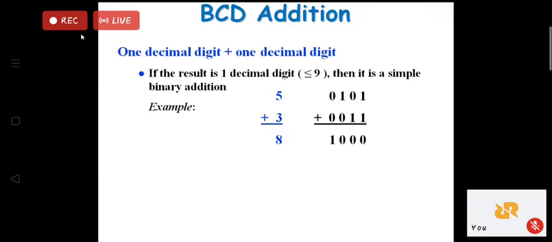So one's complement and two's complement are used for BCD addition, because ultimately humans are familiar with the decimal number system.